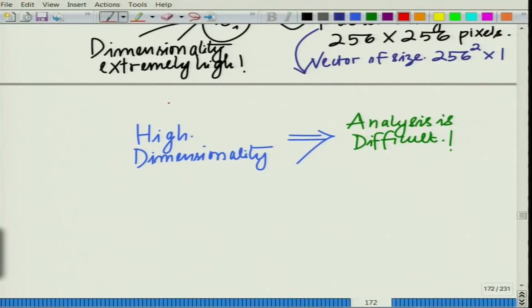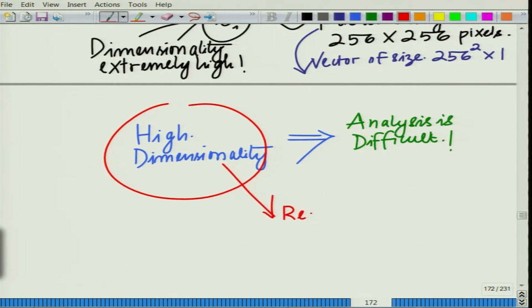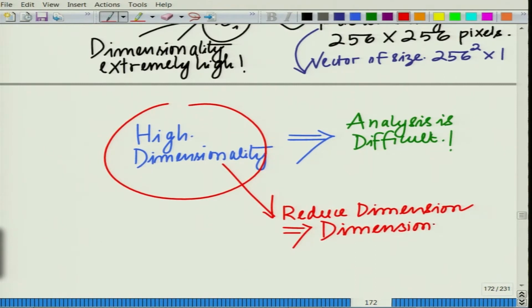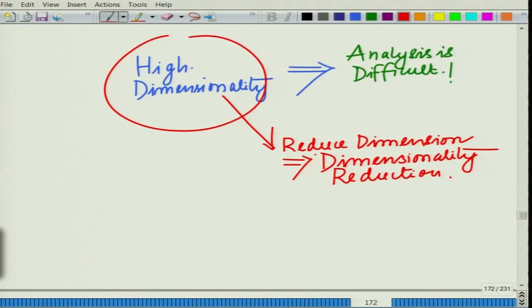So, in this high dimensional data in machine learning applications, what one has to do is you have to take this high dimensional data and you have to reduce the dimension. Either you can think of it as a reduction in dimension. This is termed as dimensionality reduction, or you have to extract the relevant features from this.